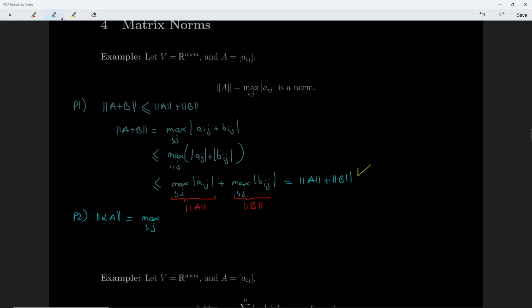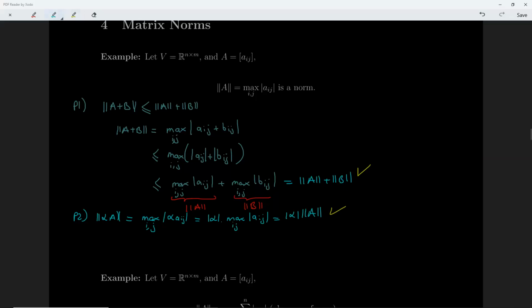So it's going to be equal to alpha times each entry Aij like this. And since alpha is not changing with the ij indices, I can write that as absolute value of alpha times the maximum value over ij of absolute value of Aij, and that is simply equal to absolute value of alpha times norm of A. Okay, so that is also satisfied.